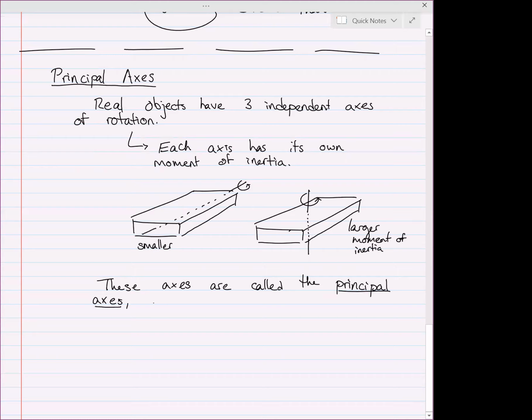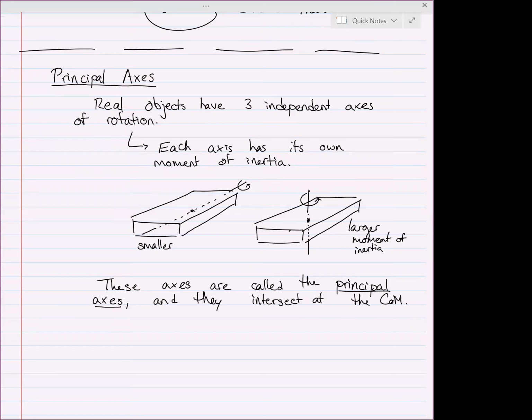And importantly, they all intersect at the center of mass. So one way to see this is you'd find the point where the center of mass is, which might be here for the same object, and then you'd put three axes through it. Those axes would be oriented so that they go with the three primary directions of the object.